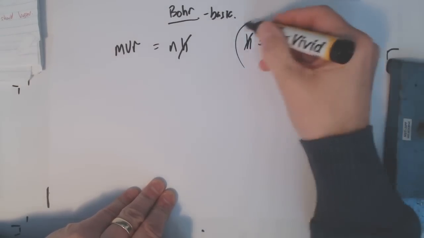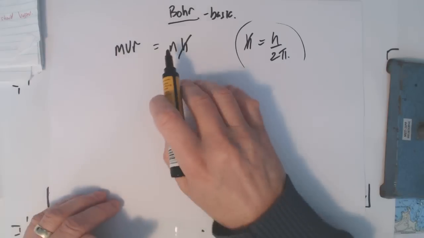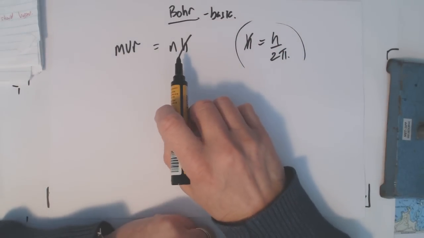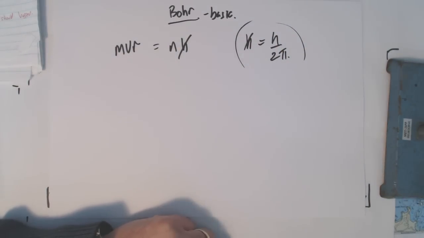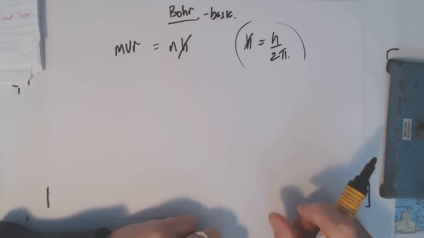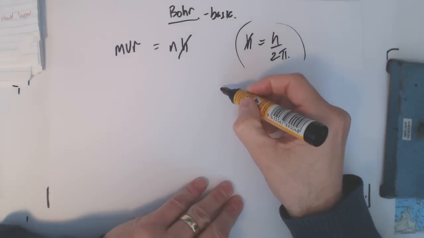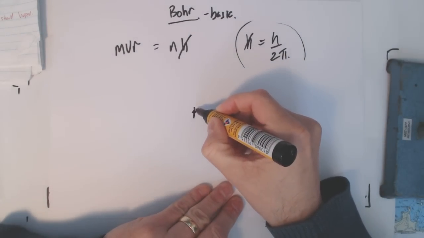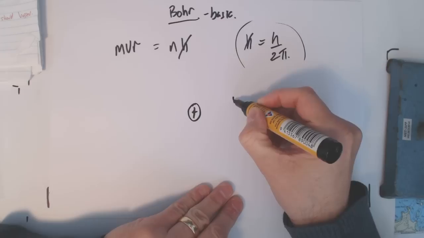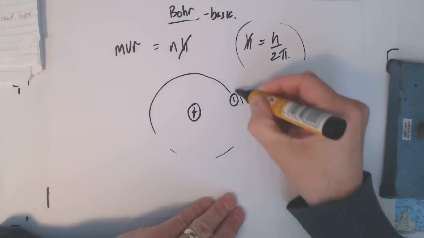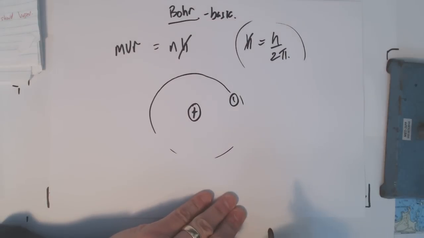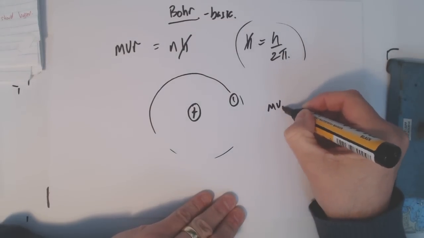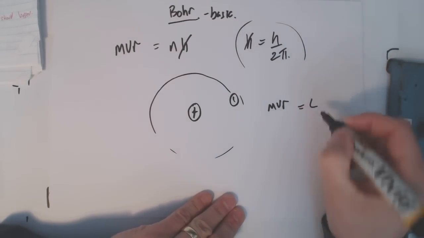We won't go into the difference, but we're saying that n, or an integer number of Planck's constant, will be the way angular momentum works around a circle, and you see where the 2 pi probably fits in. So we've got this proton, and we've got an electron going around, and he's basically saying, hey, the angular momentum, which for a point rotating about something is equal to mvr, equals L, angular momentum.